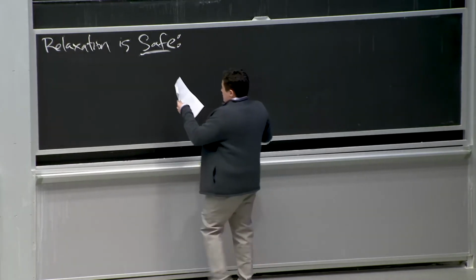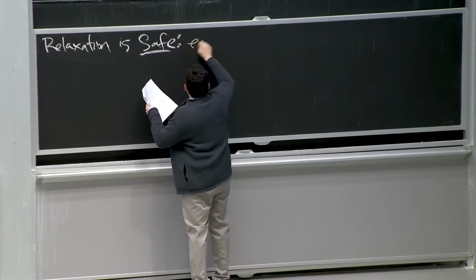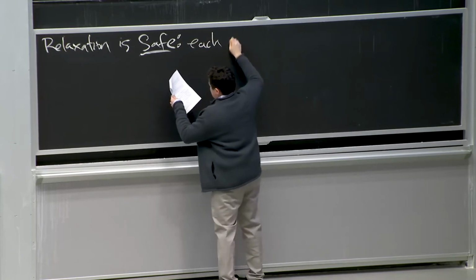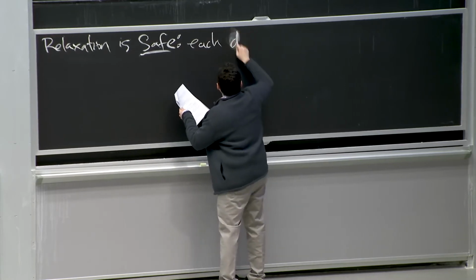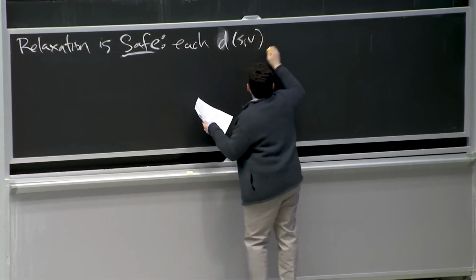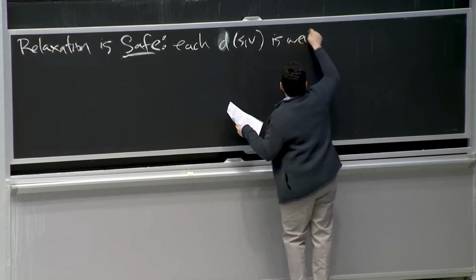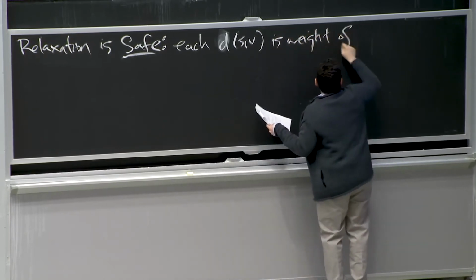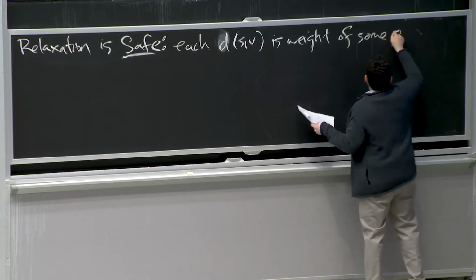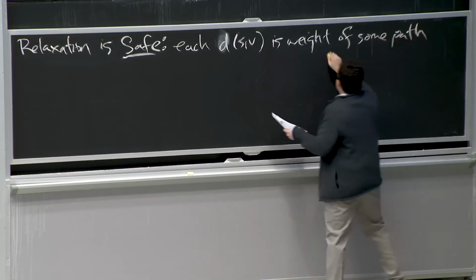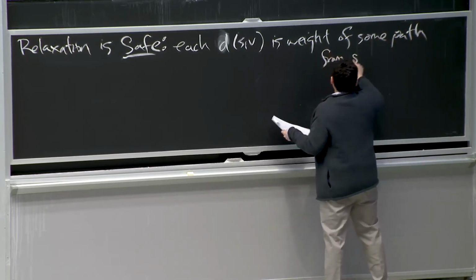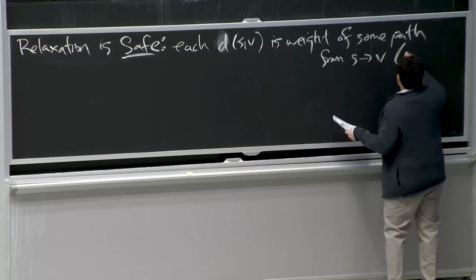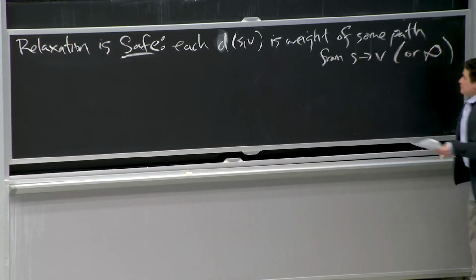Each distance estimate d of S V is the weight of some path from S to V, or infinite.